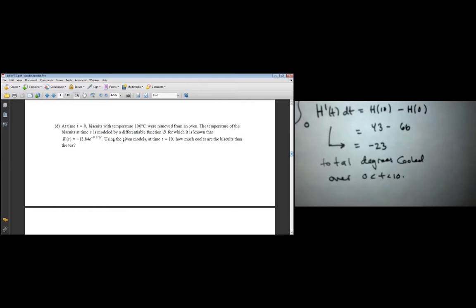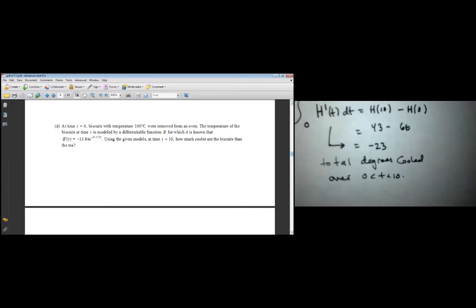Okay, let's tackle part D because that's a mess. At time t equals 0, biscuits with temperature 100 degrees Celsius were removed from the oven. The temperature of the biscuits at time t is modeled by the function B, for which it's known that we've got B prime, some mess of a formula.